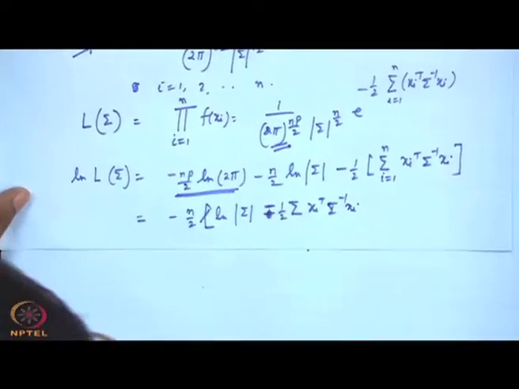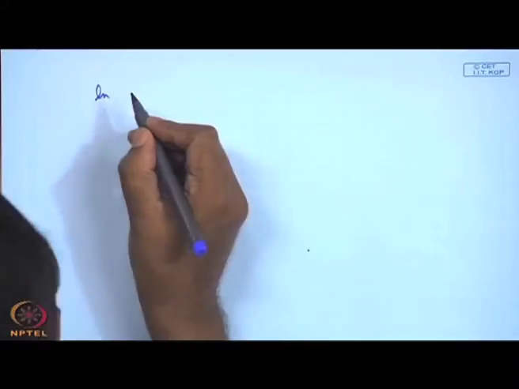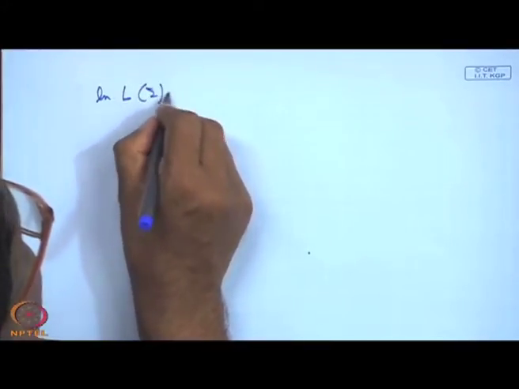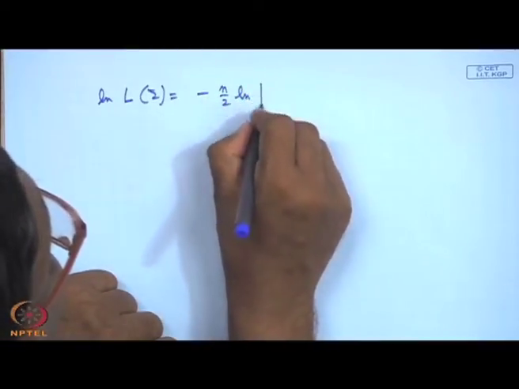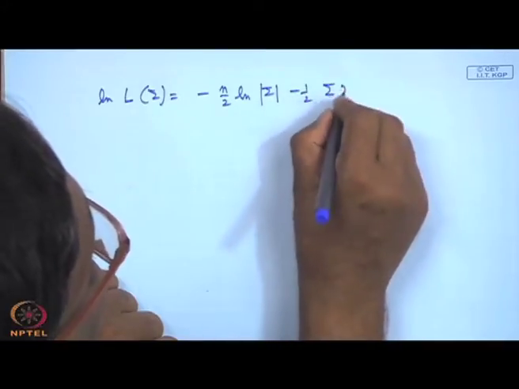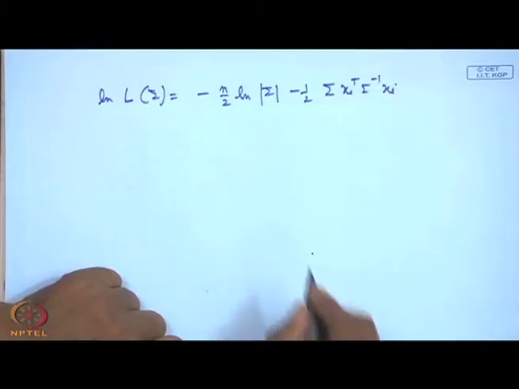Okay. So, let me write afresh that log of L of sigma equals minus n by 2 log determinant sigma minus half x i transpose sigma inverse x i.